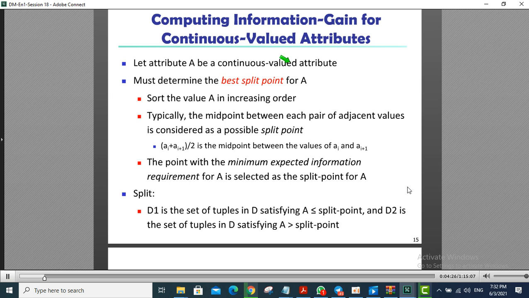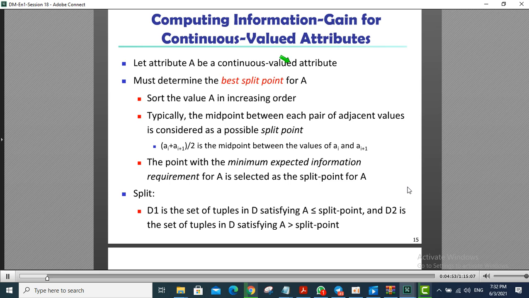We have to determine the best splitting point for continuous values. Maybe 1 point, maybe more than 1 point, but we have to choose some split points. We cannot create a tree with continuous values.